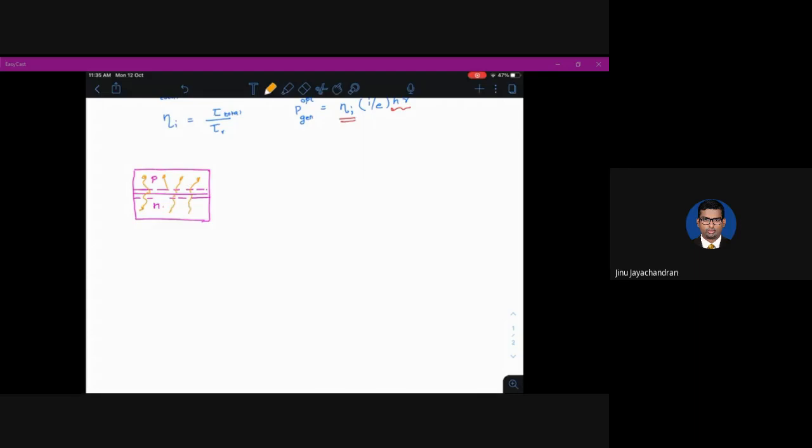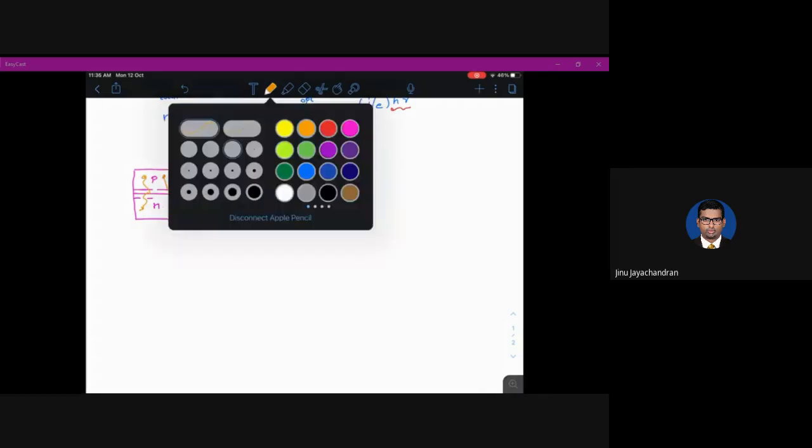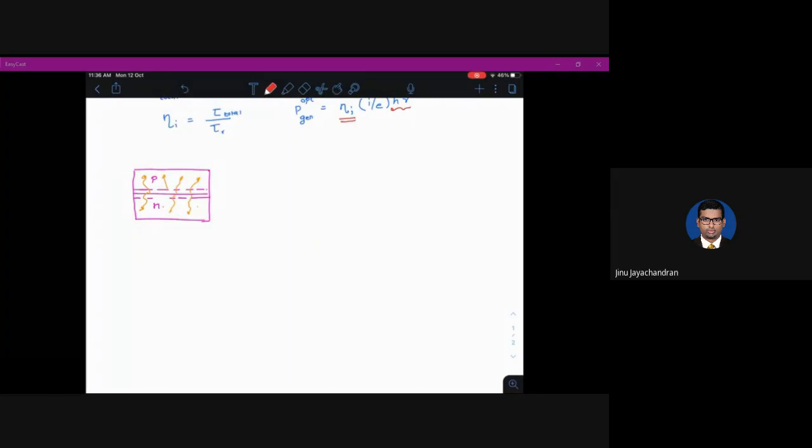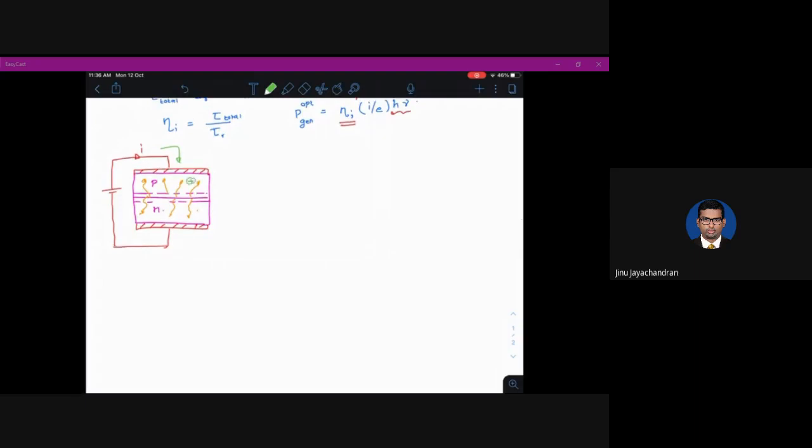Now, how is light emitted? What happens is you have the minority carriers crossing to the other side. If you have a metal contact like this over the semiconductor, and you supply a forward bias current, this is positive, this is negative, this is I. When this I is supplied in forward bias, it will push the holes in the P side towards the junction and push the electrons in the N side towards the depletion region.